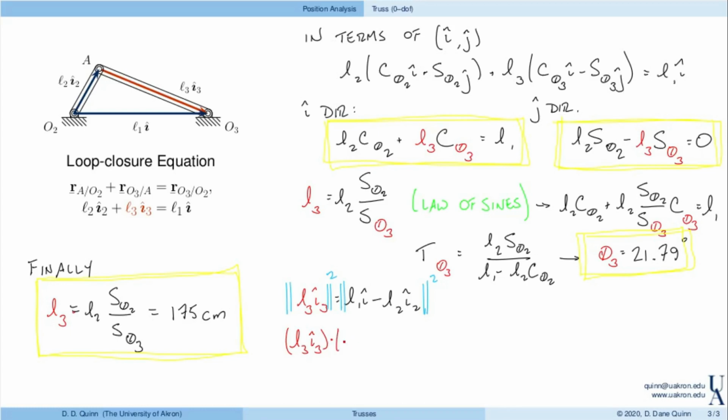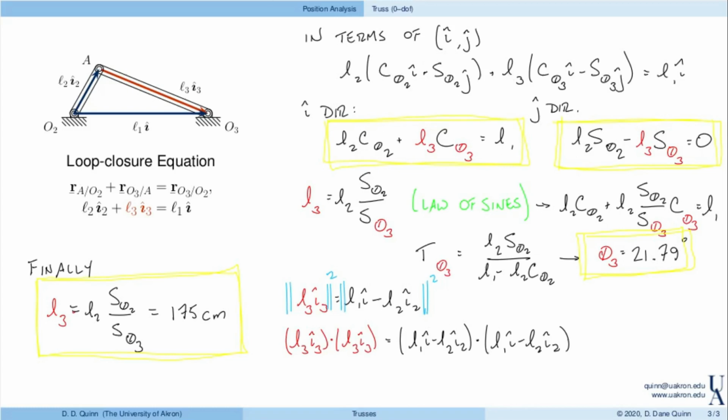So I have L3 I3 dot L3 I3 equal to the right-hand side dotted with itself.